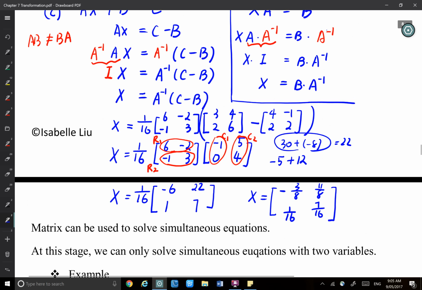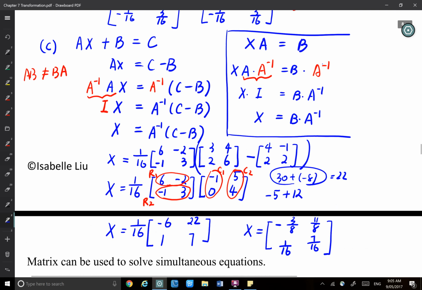Okay, that's how you solve for X in matrix.